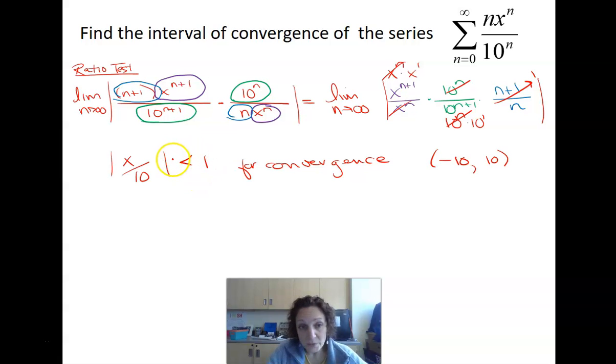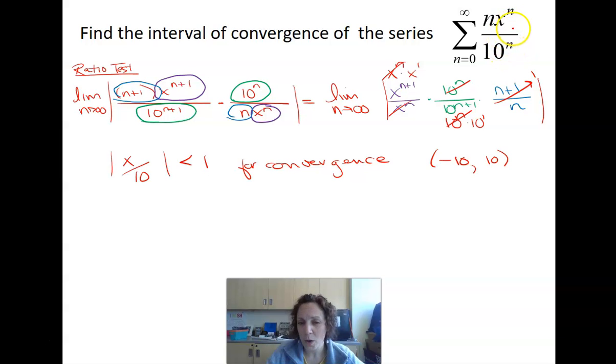Okay. So you could just go straight to there, or you could write this as a compound inequality, right? Negative 1 less than x over 10, less than 1, and solve that. Now look, I don't think this is going to surprise anybody. If you put a number bigger than 10 in, put a 12 in here, 15, then you're going to have a 15 over 10 to the n.